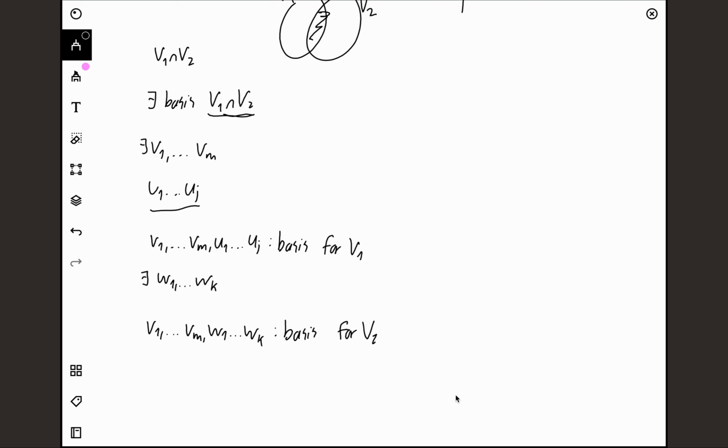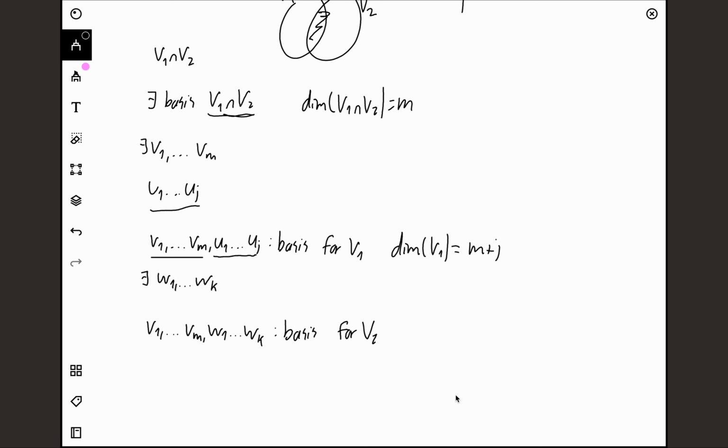And if we check the dimensions, here we have m vectors, so we can say that the dimension of V1 and V2 equals m, because we have m basis vectors. Here we can say that the dimension of V1 equals m plus j, because we have m v basis vectors and j u basis vectors.